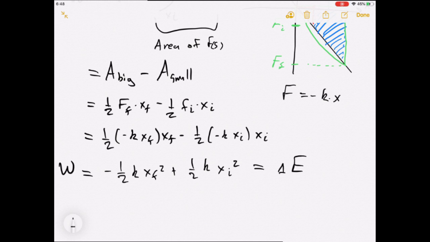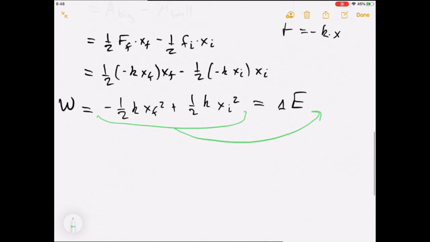Now, when we define a potential, we move that term from the work side over to the energy side. So if I subtract that over to the energy side, I have work equals delta E, which is the kinetic energy and whatever other potentials we're including. And in this case, we're adding, so it's plus half kx final squared minus half kx initial squared.